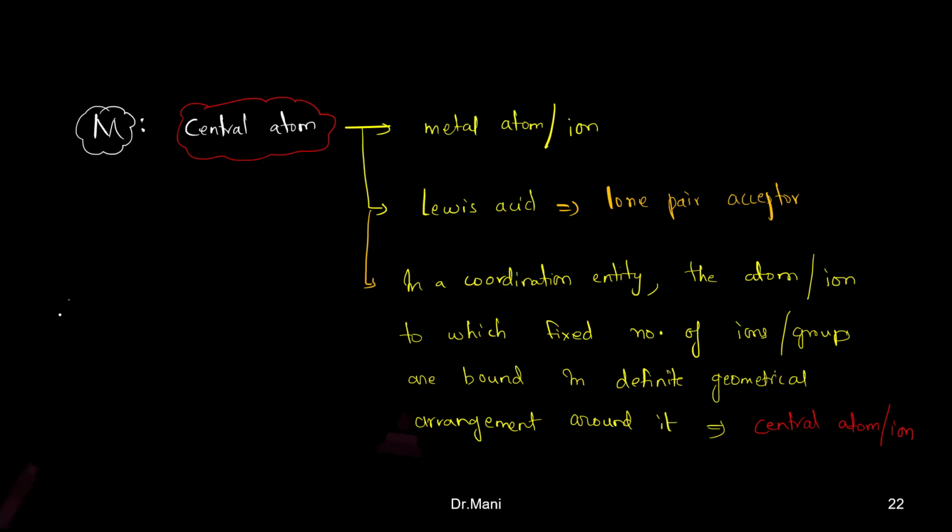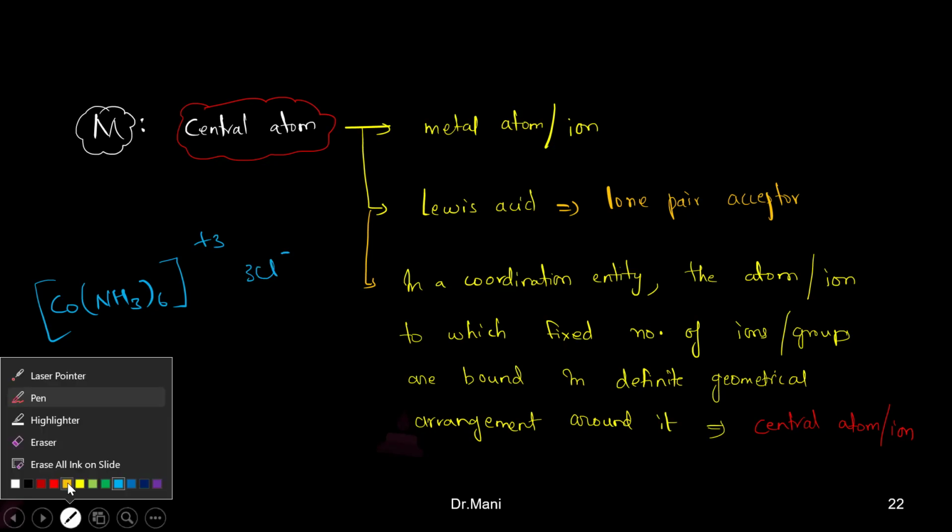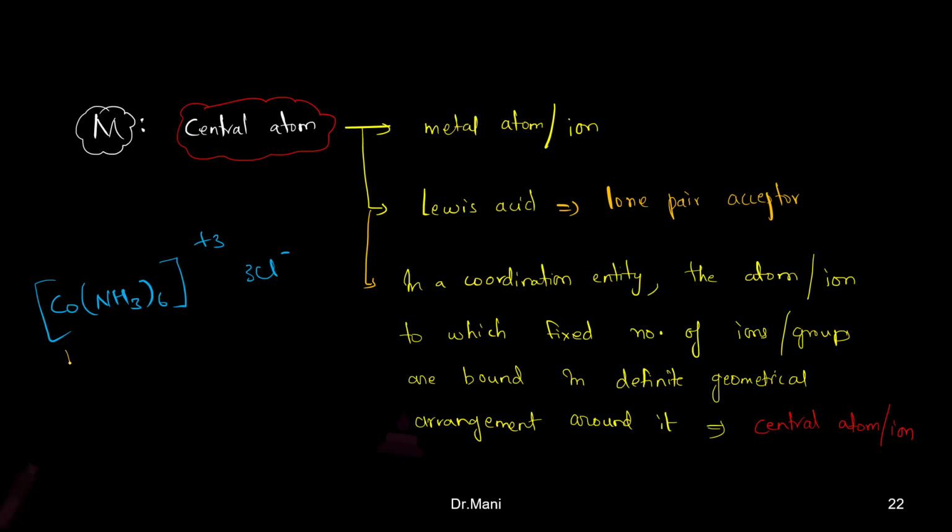So here you have a cobalt. You have [Co(NH3)6]3+. You can take 3Cl-. So see here, this is the coordination entity.